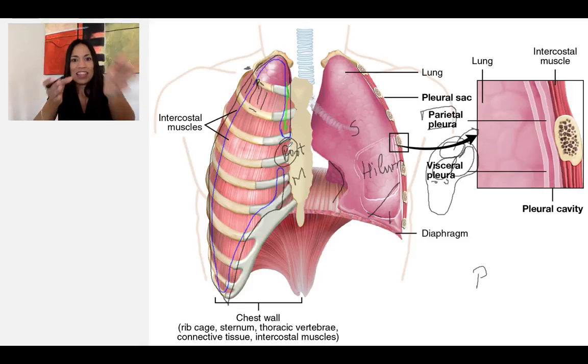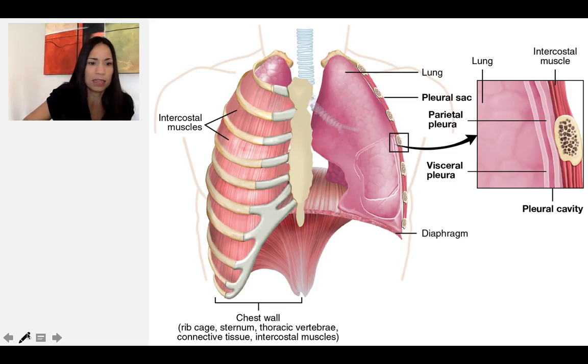That's how the pleural fluid acts in the pleural space. It favors the visceral pleura sliding over the parietal pleura, again avoiding the friction.